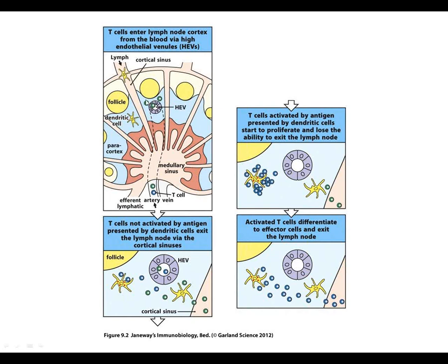And then it will end up in the T cell zone of the lymph nodes. And the lymph nodes, remember, the architecture is such that there is a B cell zone and a T cell zone. So in this T cell zone, it can look around and sample and see if any dendritic cells are holding an antigen it is specific for. If it's not, then it just leaves through the lymph.